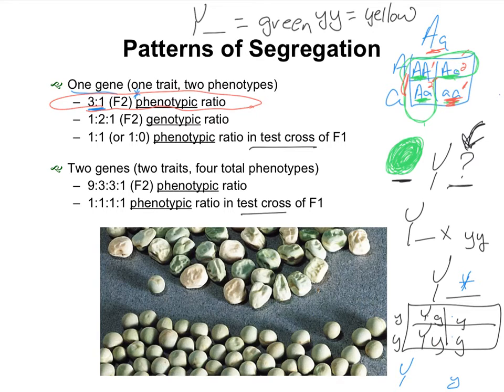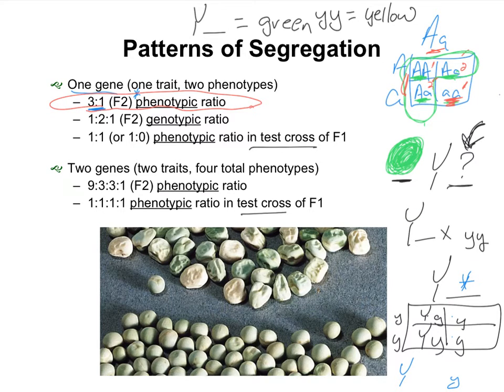And if all your zygotes are one type, then you're probably dealing with a genotype that is homozygous for that gene. If you get 50-50, then you know that individual is heterozygous for that gene.